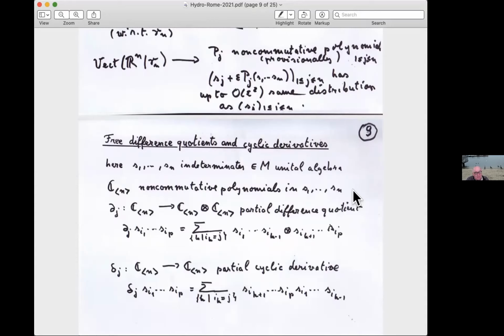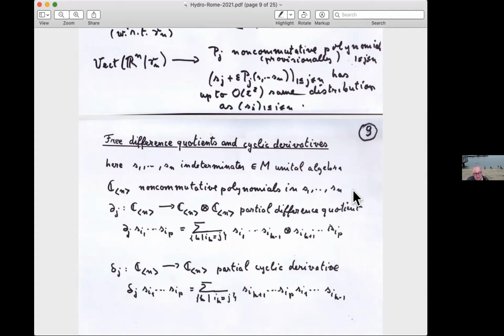Let's take non-commuting indeterminates, and for the moment, make them just indeterminates. Later, at some moment, I will go back and make them again operators. But for the moment, let's keep S1, Sn indeterminates. And let's denote by Cn here the non-commutative polynomials in these indeterminates S1, Sn.